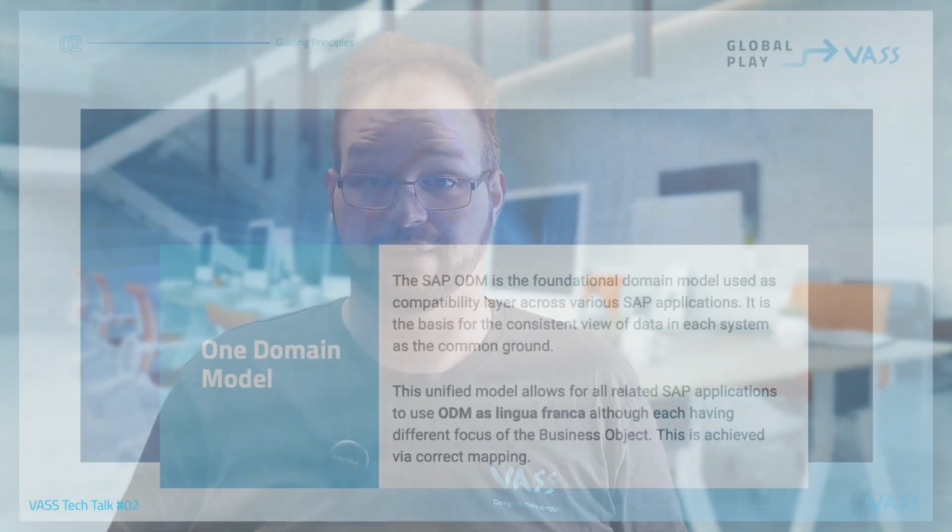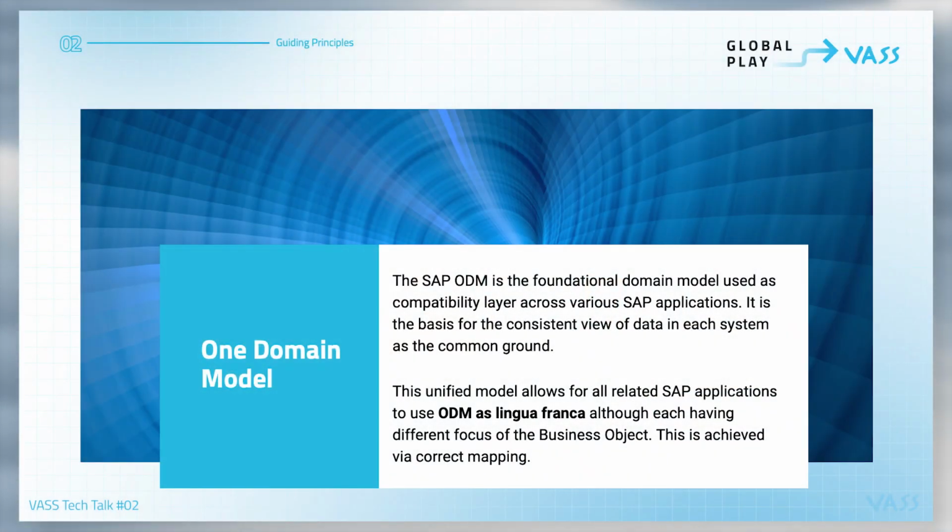How it is working, that's the second guiding principle. It's the one domain model. So it allows to use a compatibility layer for all the different SAP solutions, plus having CPI as the helper here, you can also connect to third-party solutions, of course.